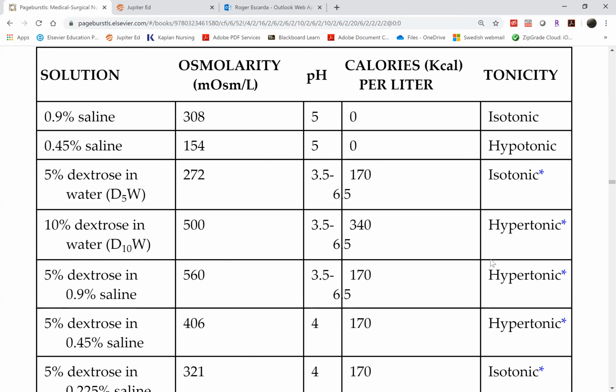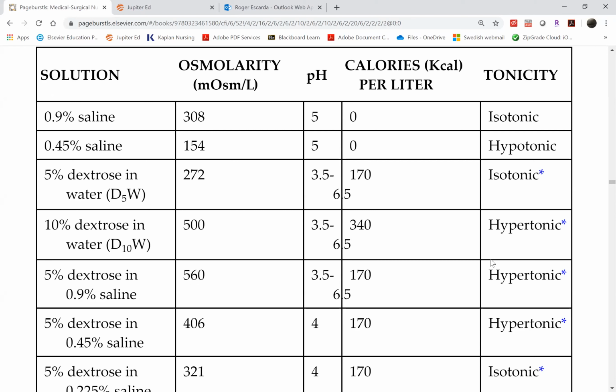The basis for the tonicity of your IV solution is always 0.9% saline. If the concentration is isotonic, meaning it's compatible, the same concentration as your plasma, any fluid that is less concentrated, less than 0.9% in concentration, is hypotonic.